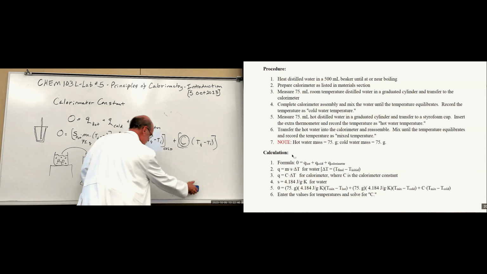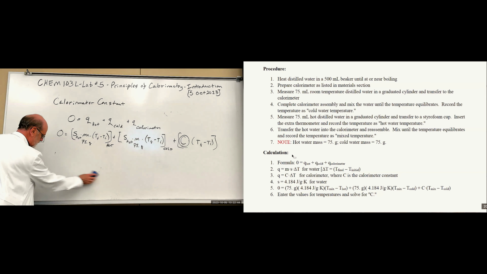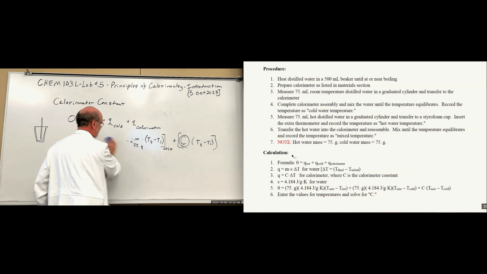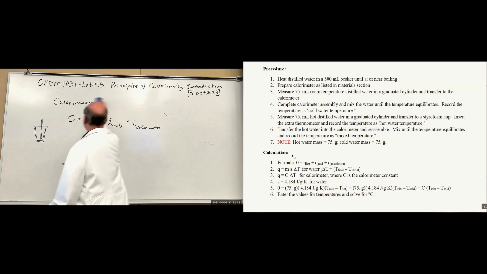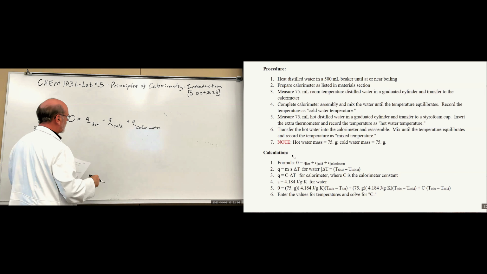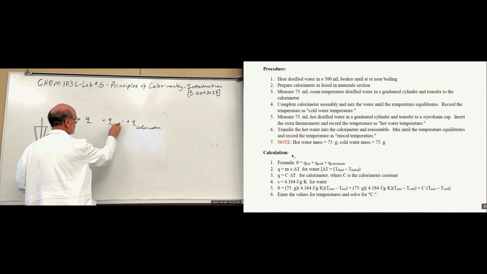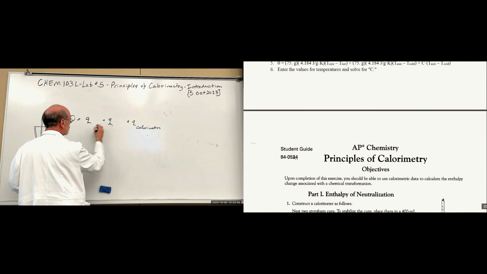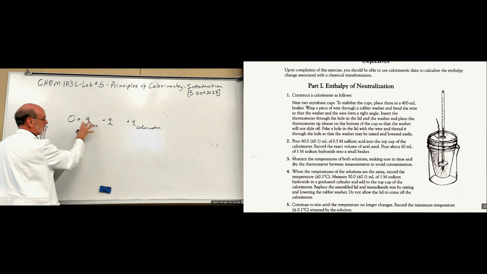So that's the procedure for the calorimeter constant. Let's see, these are going to be 2 different Q's here. For the rest of them, you're going to have the Q for the reaction as an unknown.